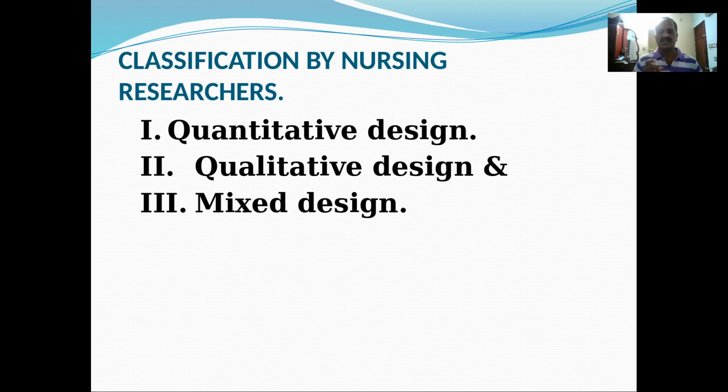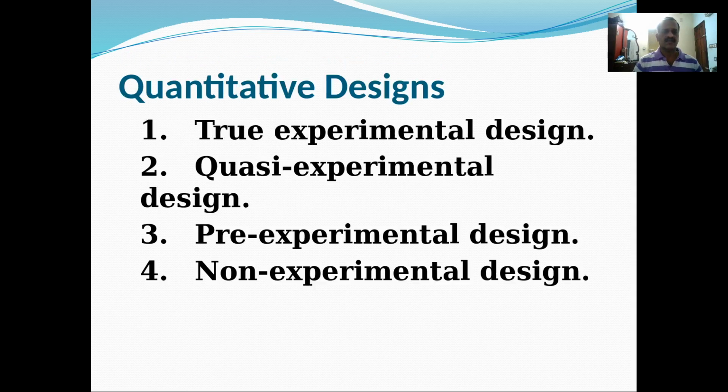So these are the 3 designs in nursing literature: quantitative design, qualitative design, and the mixed design. And there are so many subtypes. These are the major headings under quantitative, under qualitative, and under mixed designs. These are some of the quantitative designs, as I mentioned before, where in the previous classification we have discussed how much control is there over the independent variable.